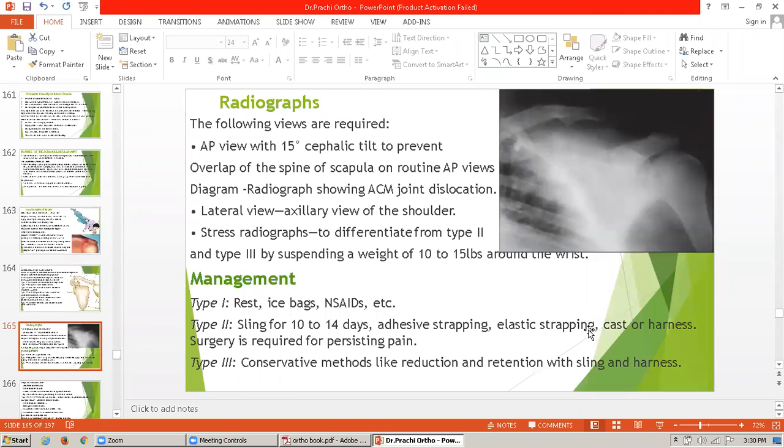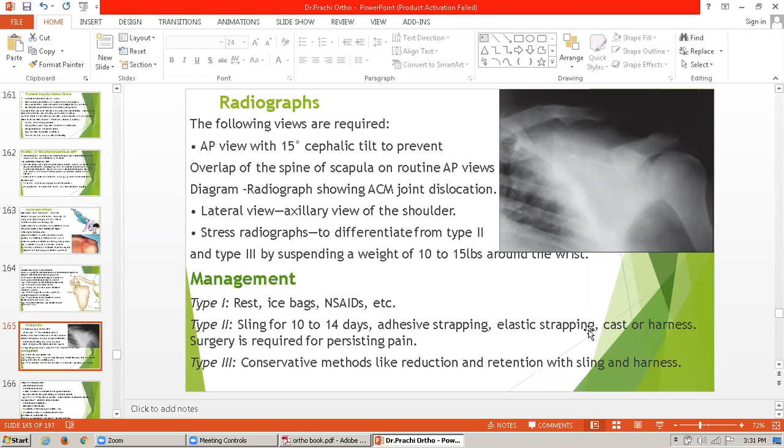Then the radiogram, that is X-ray. What we see in the X-ray, the following views are required to see this injury. That is the AP view, anteroposterior view with 50-degree cephalic tilt to prevent overlap of the spine of the scapula on the routine AP view. And the diagram, a radiograph showing AC joint dislocation, and the lateral view, that is the axillary view of the shoulder.